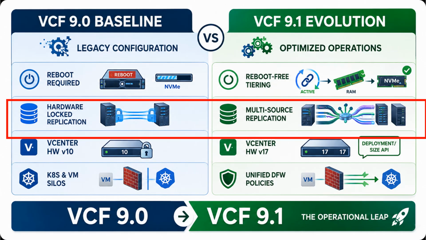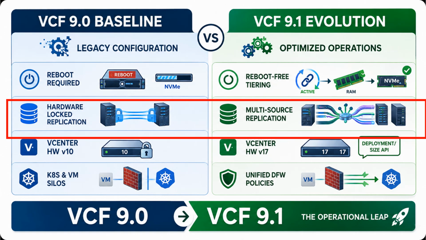That is evolved as multi-source replication in VCF 9.1. Okay, so this one is particularly important when you work with production environments that have evolved over many years. In VCF 9.0, vSAN to vSAN replication provided protection between vSAN environments.